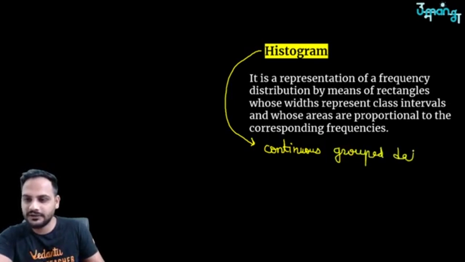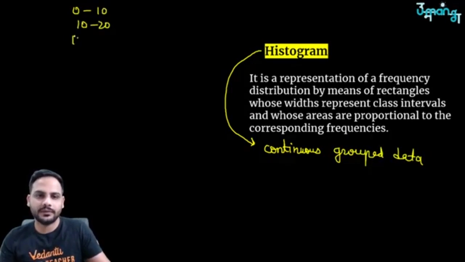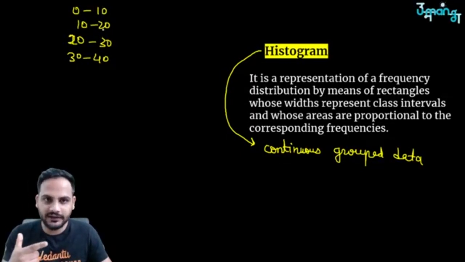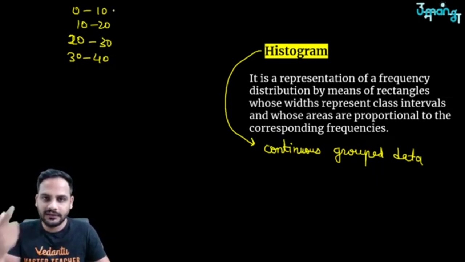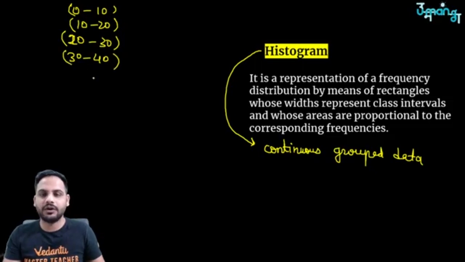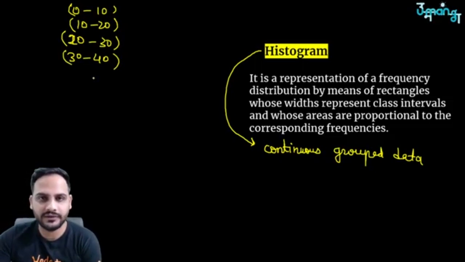A continuous grouped data. That means like the class interval type, suppose 0 to 10, 10 to 20, 20 to 30, 30 to 40. So here you can see, the data is continuous 10, 10, 20, 20, 30, 30, and it is grouped as well. We have made the class intervals, right? So this kind of data is represented on a histogram.